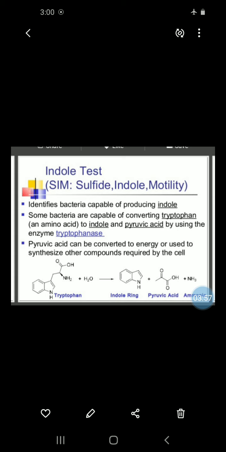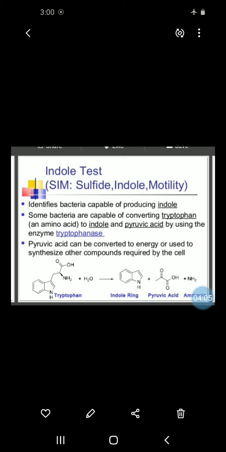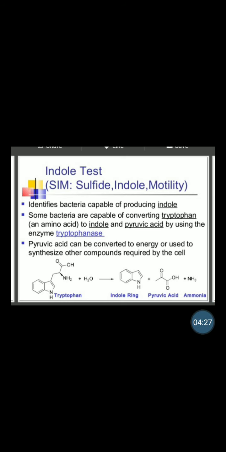Some bacteria are capable of converting the amino acid tryptophan to indole and pyruvic acid by using the enzyme tryptophanase.